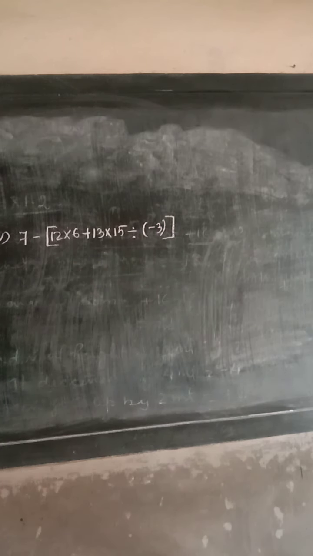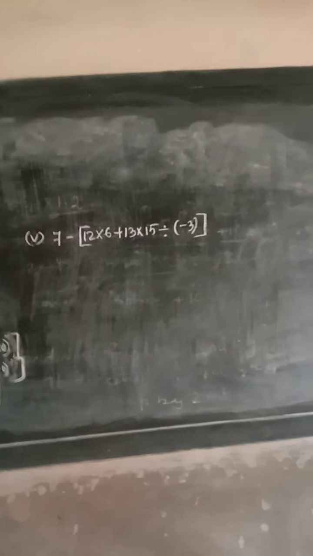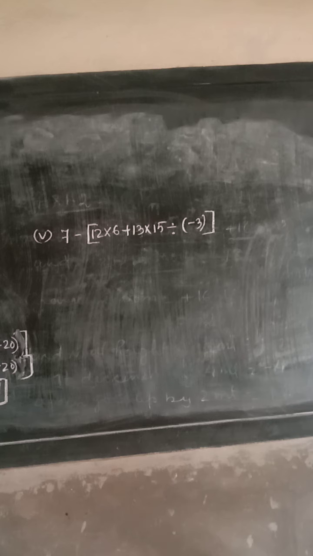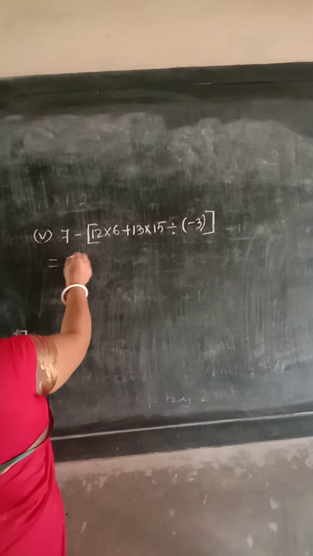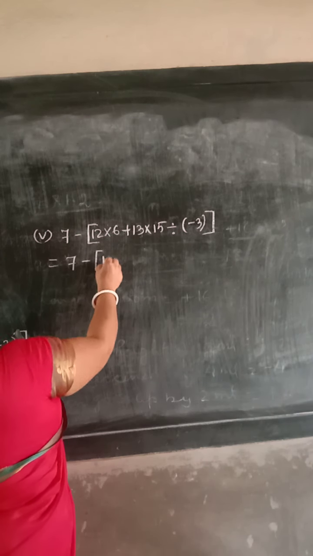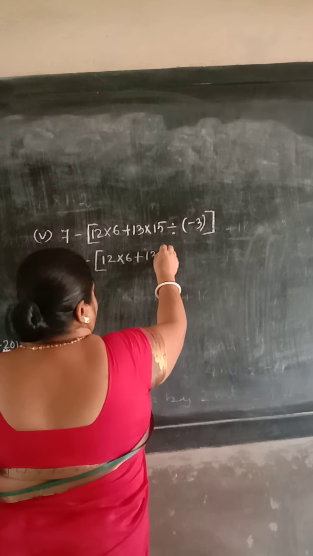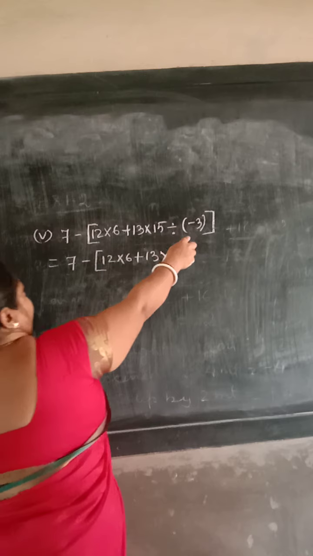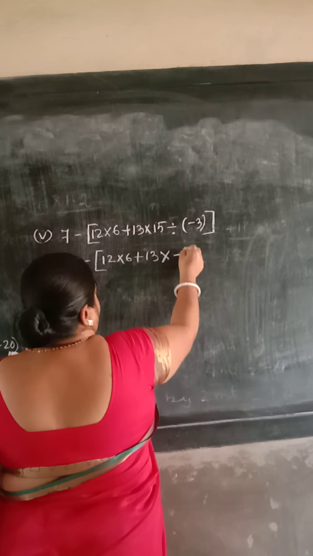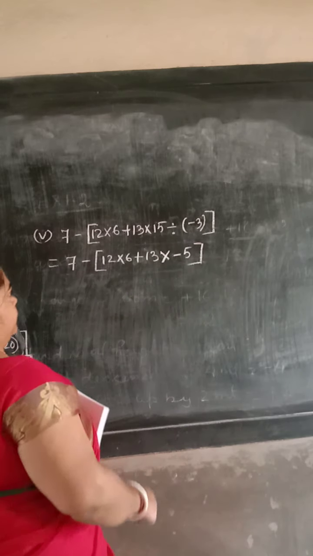Okay. Now we'll be solving it. 7 minus 12 into 6 plus 13 into 15 divided by minus 3, that gives you minus 5.